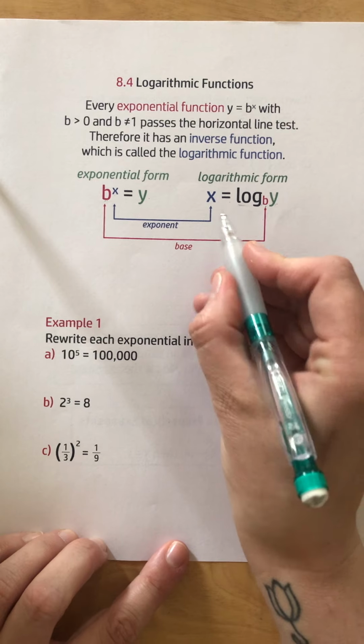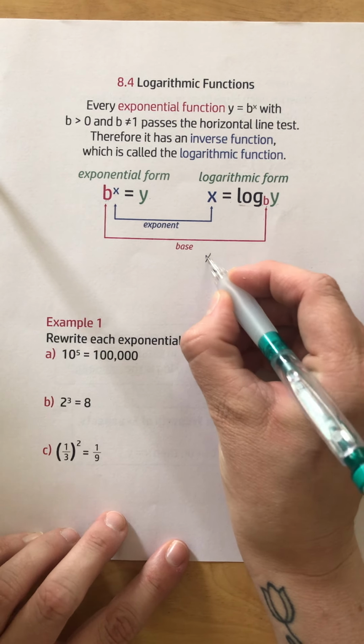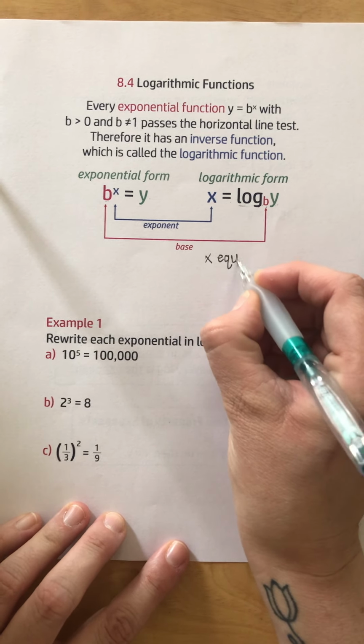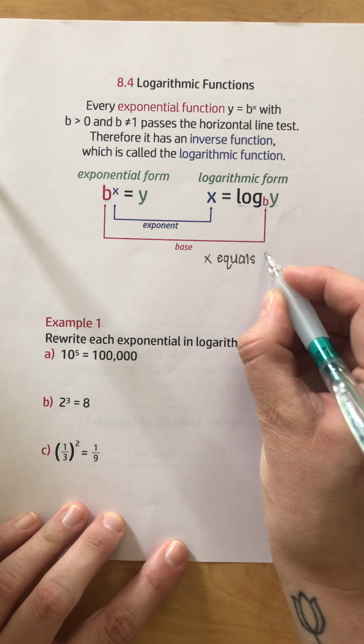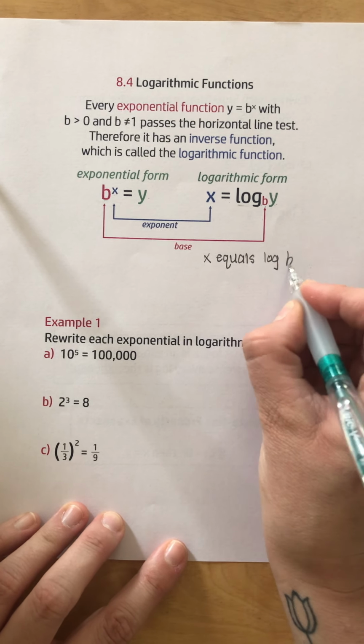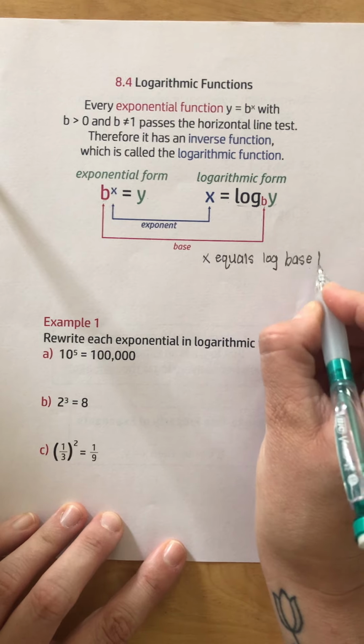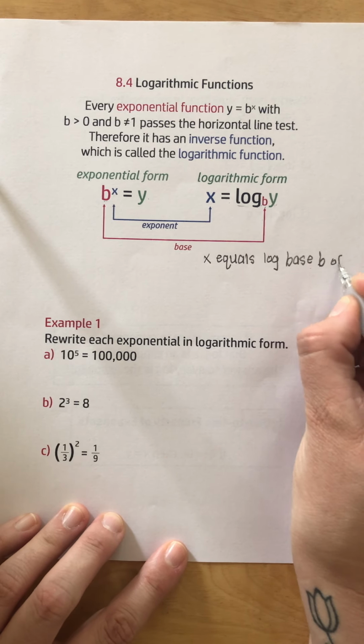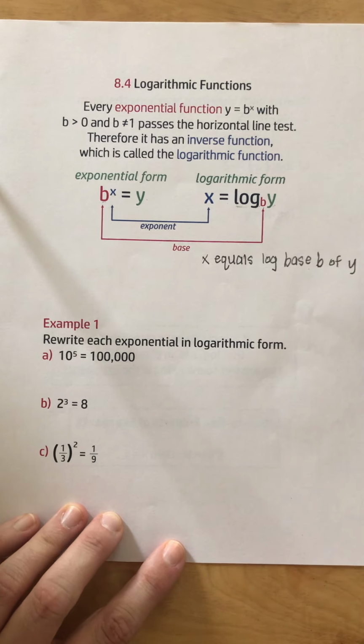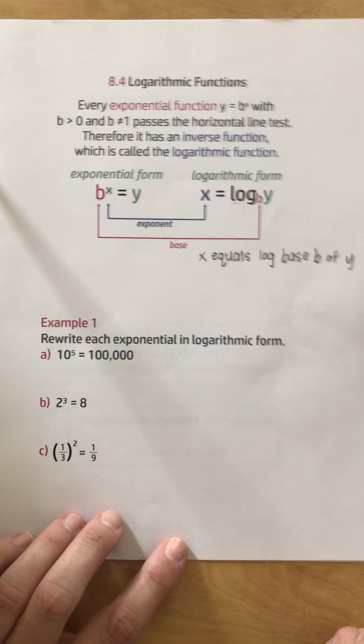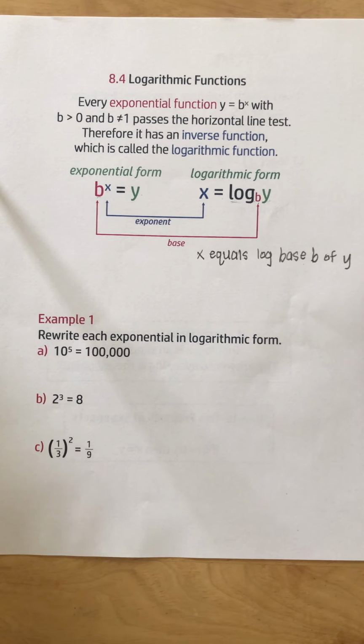I'm going to write that down from left to right. So this would be x equals log base b of y. That's how we would read that out loud. So it is important that we know how to say it out loud.